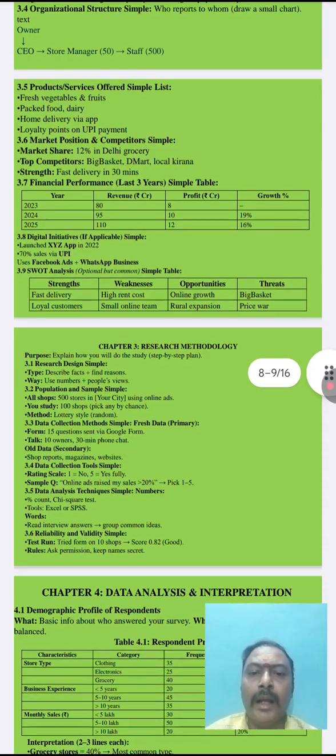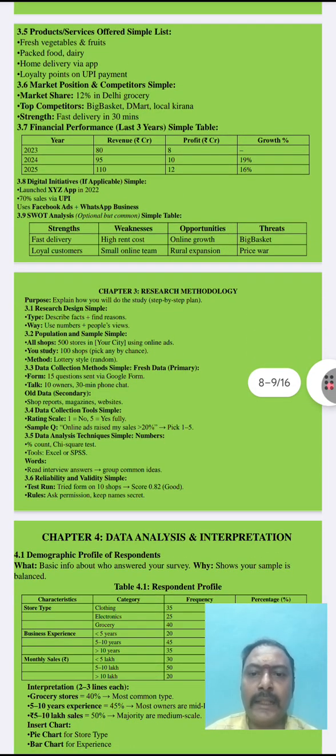And research methodology: if you select the research methodology in chapter 3, these points are covered. Research design, based on whatever type and way is given. Population and sample size, whatever population size you add in your study.